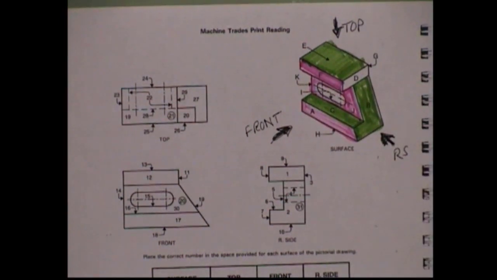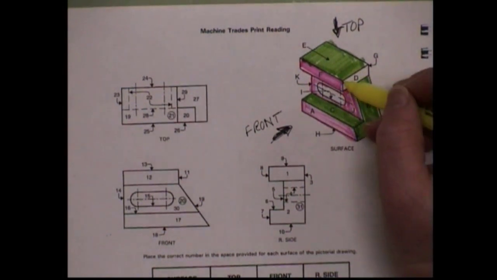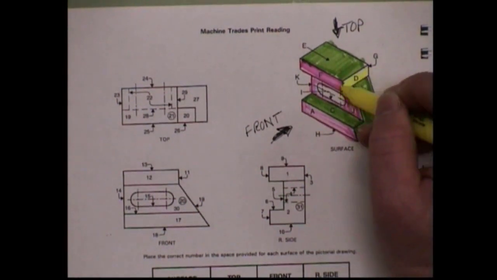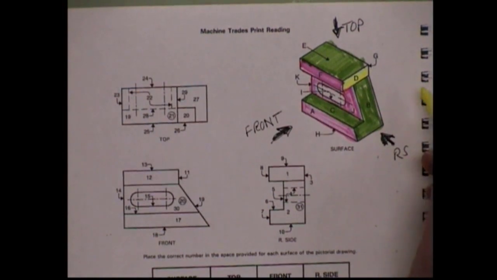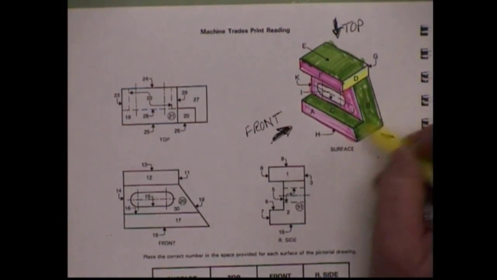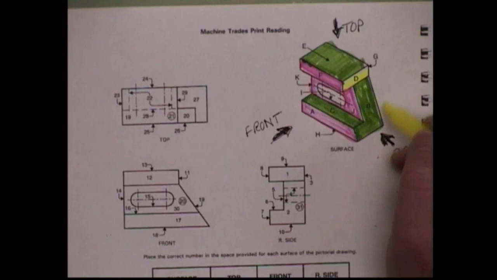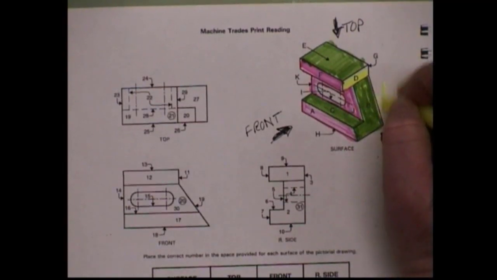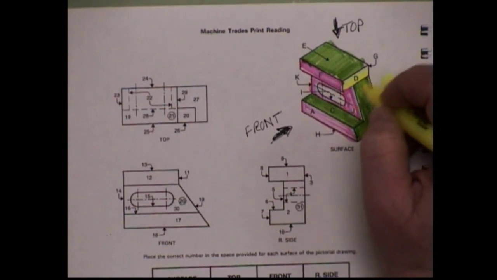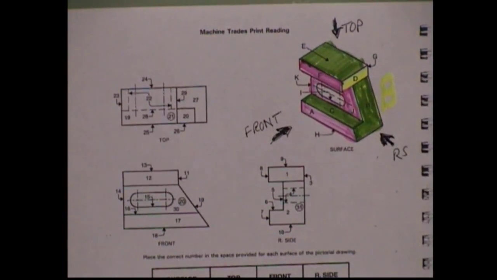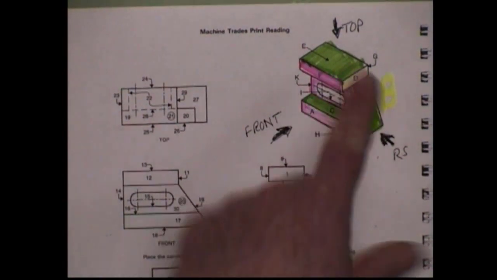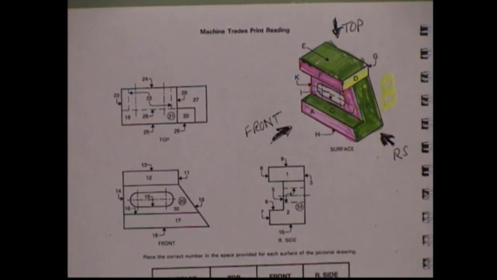Okay? And then what are we going to see in the right side view? We'll see D by itself, but will we see B as well? Yeah, so B, I'm just going to put the B out the side here because when I color that in, you can't hardly see that it's yellow. But B is in the right side view and the top view.